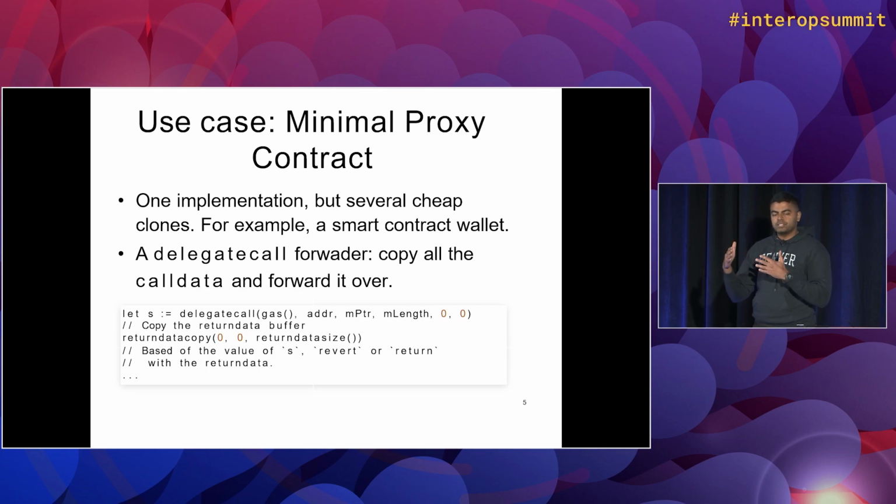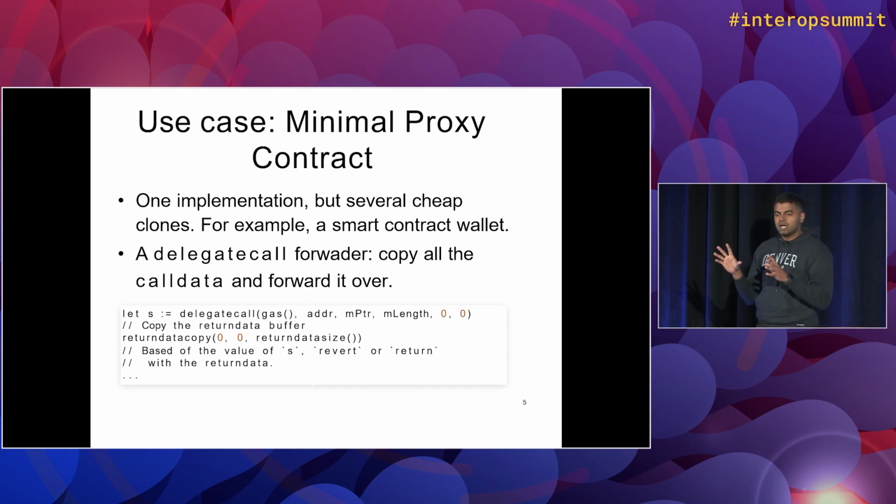And depending on whether the implementation contract call succeeded or not, you would either revert or return with whatever data came back. So you really need returndatacopy that just copies everything in the return data, and then returns whatever came in the return data as a revert or a return. Here's a very short two-line pseudocode of how it works.